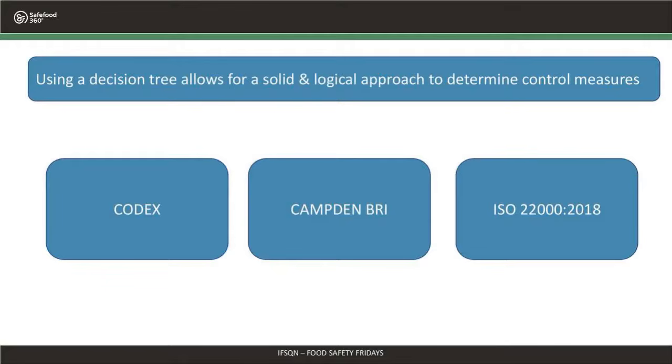So there are lots of decision trees. We've got Camden BRI, ISO. There's lots out there. And as I said, Codex is probably one of the most well known. But as I just mentioned, they did not include it in the most recent version, and they allow you to use alternate approaches.